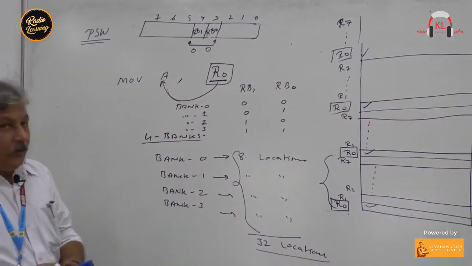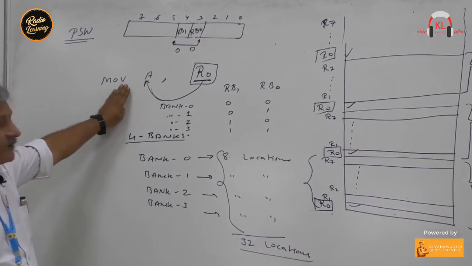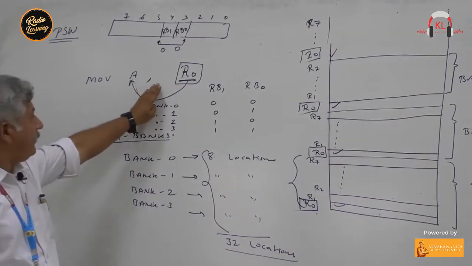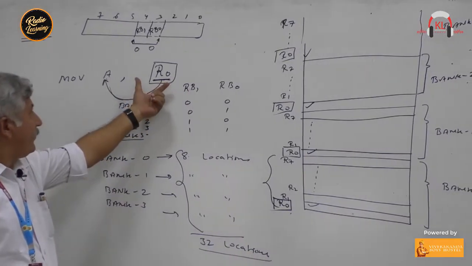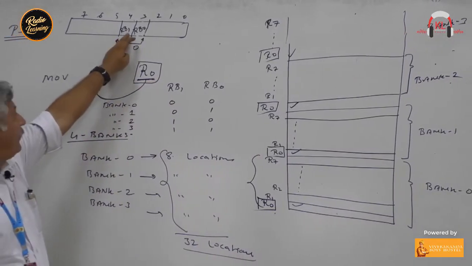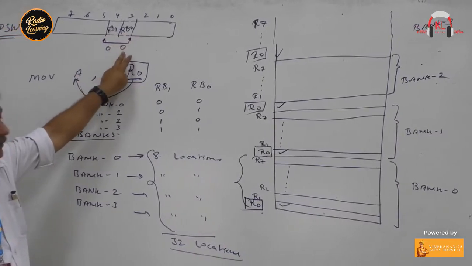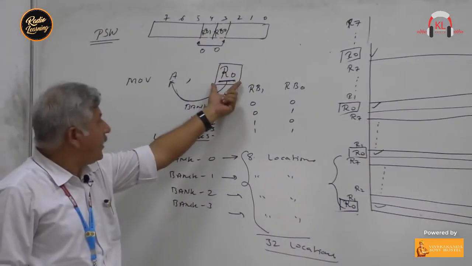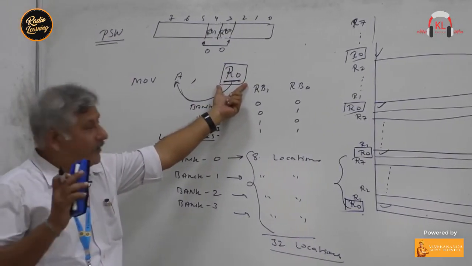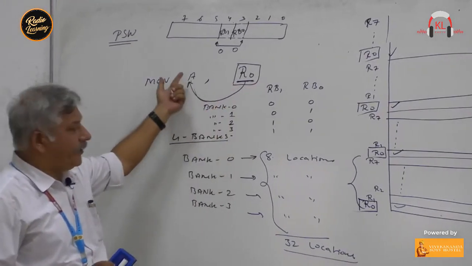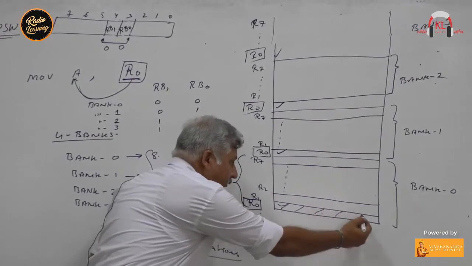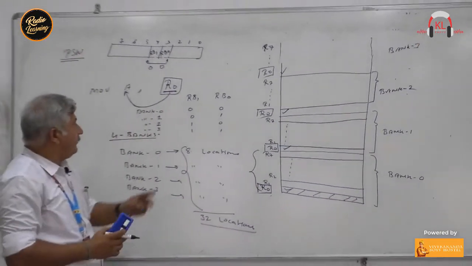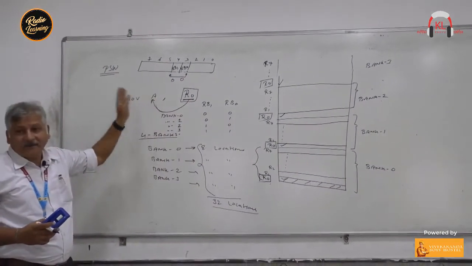So if we write this instruction, MOV A, R0, and by default the value of RB1 and RB0 is 0, 0, then the content from R0 of bank 0 will be transferred to the A register. So in this instruction, the 8-bit content from this register will be moved into the A register.